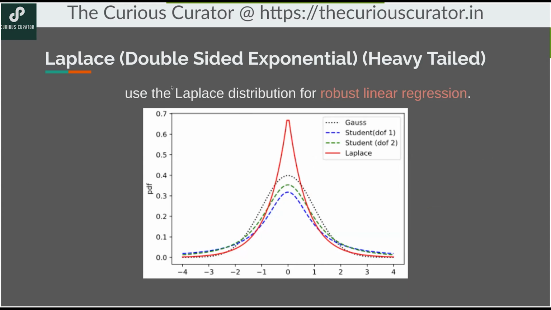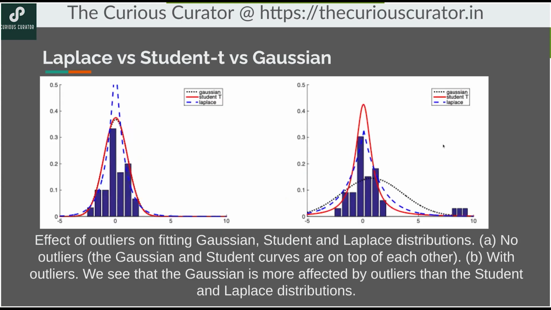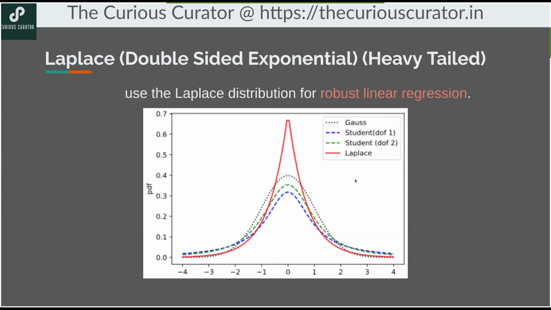Okay, so basically here we have a couple of distributions, and we are trying to see what is happening. First is Gaussian, which is this dotted black one. Then you have Student t distribution in blue and green, with degrees of normality 1 and 2 here.